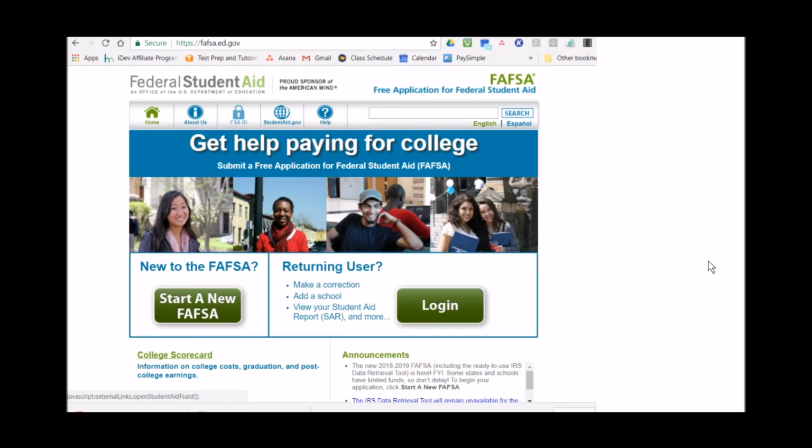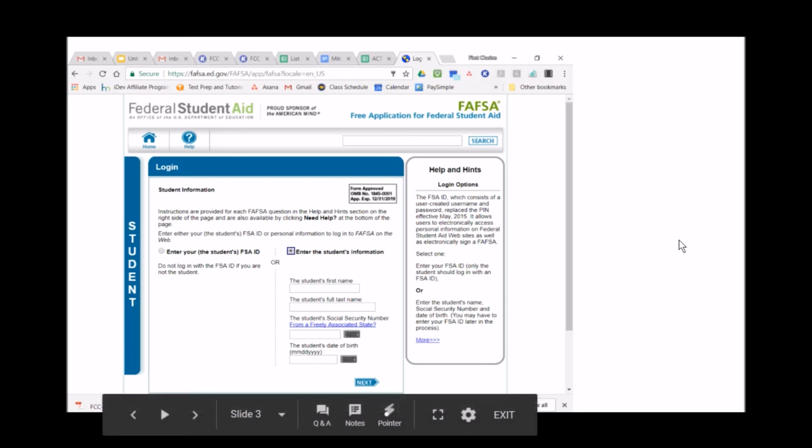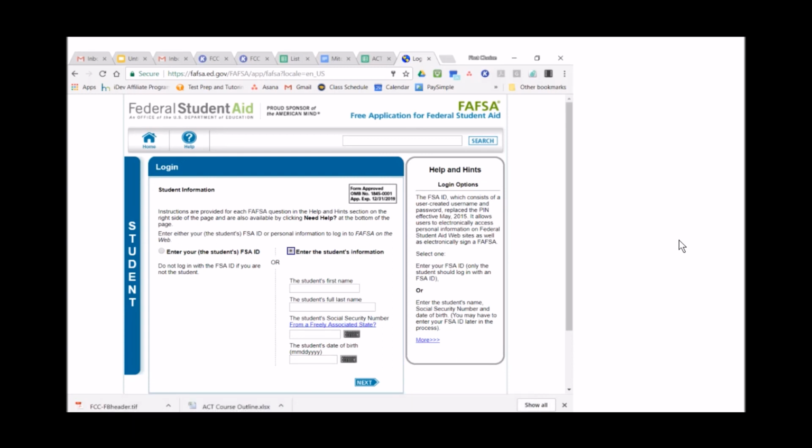Here, we're going to click Start a New FAFSA. Then you have the option to either enter the FSA ID and log in that way, or just to enter the student's information. And notice here on the left side where it says student. Anytime it says you or your, it's referring to the student, not to the parent.